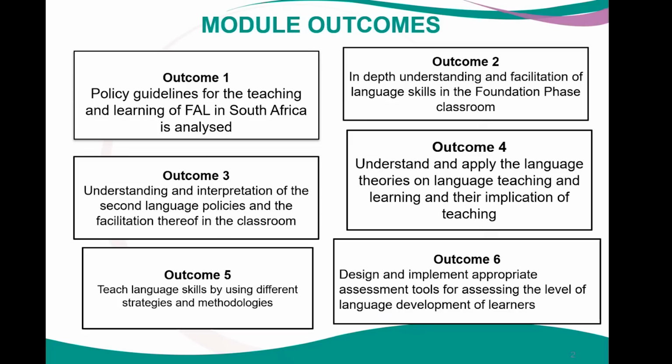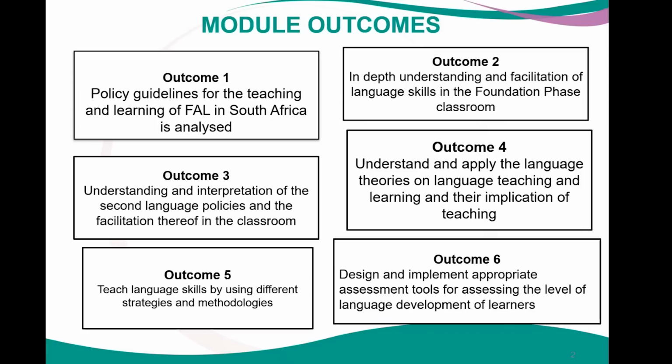And we go to outcome 6. It says design and implement appropriate assessment tools for assessing the level of language development of learners. How will you design and create lesson plans and assessment tools, and how will you assess your learners?